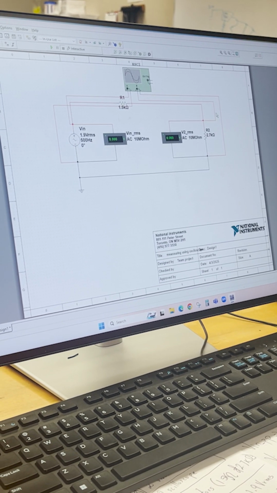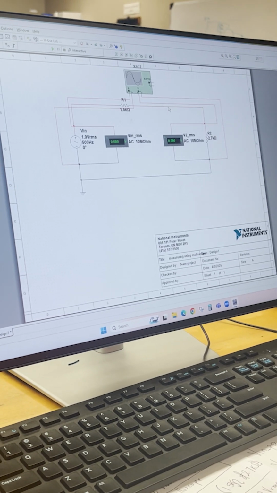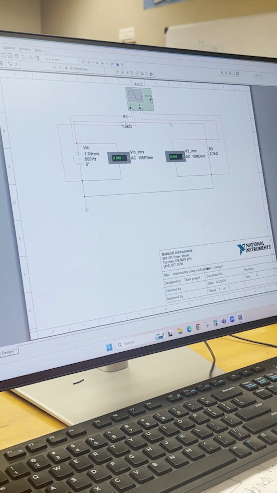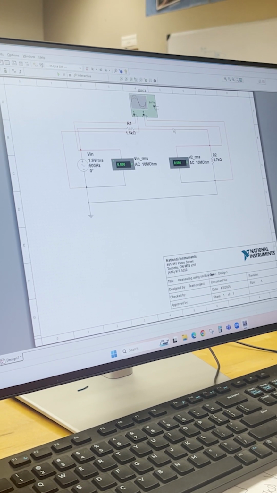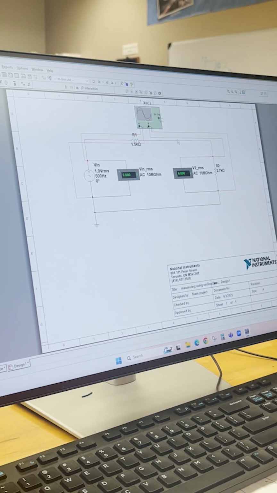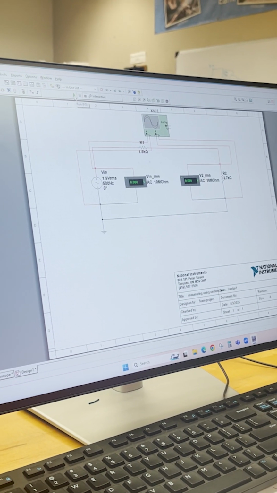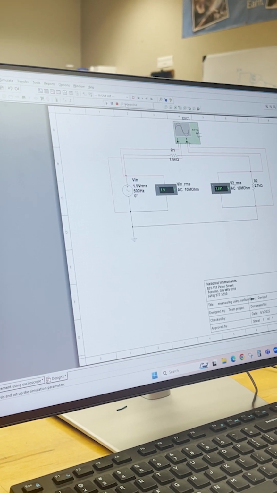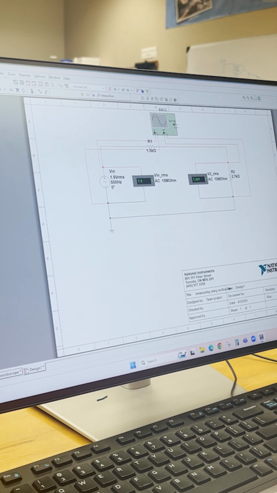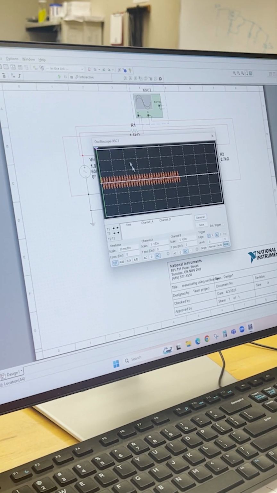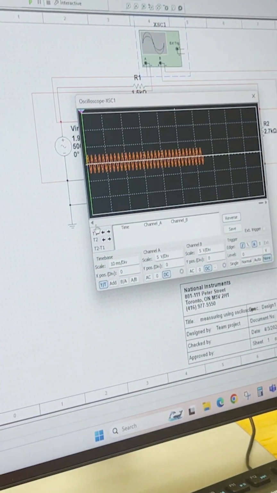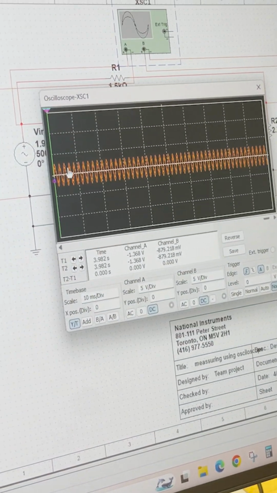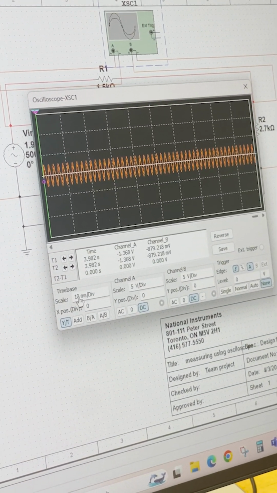So now that I connected my two channels, I am going to collect measurements, and for that I'll need to turn on the circuit and stop the circuit. I'm going to open my oscilloscope, and I'm going to change my scale.